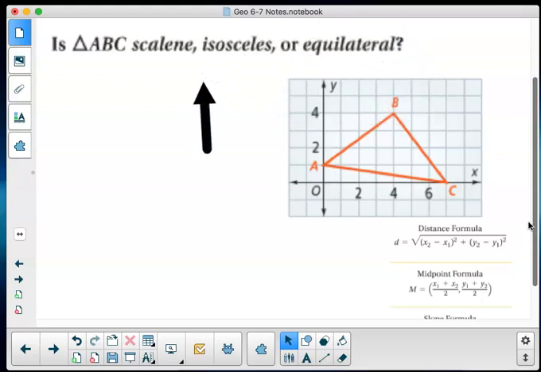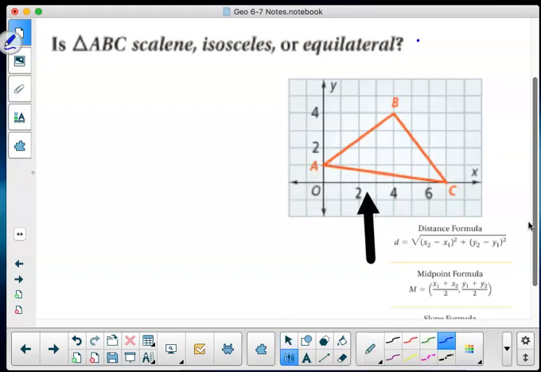Now, in this case, I've got the distance formula, and that's one we have to pull out. But because I have a grid, I am going to use a little bit of a shortcut, the Pythagorean theorem, to help me with this one. And remember, the Pythagorean theorem is a squared plus b squared equals c squared, and that is used for right triangles.